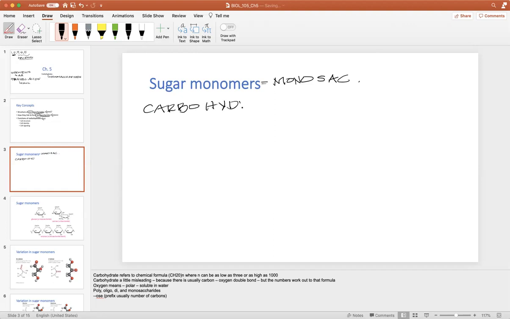carbohydrate, you can see that it's really composed of two parts, carbo for carbon, and then of course hydrate for water. So if you were to look at the chemical formula for a carbohydrate, it would look something like this, CH2O to the N, where N is the number of carbons in the group, but you would multiply it times each of these, just like in math.